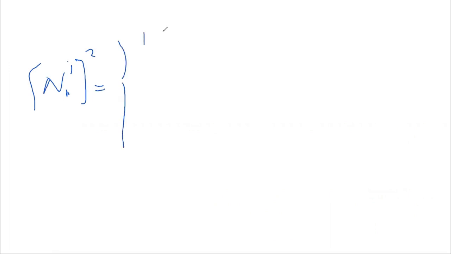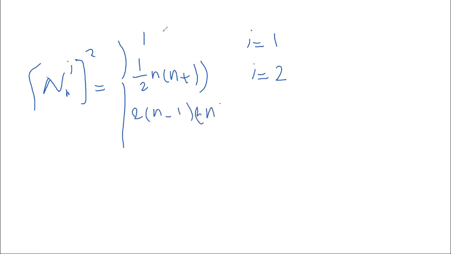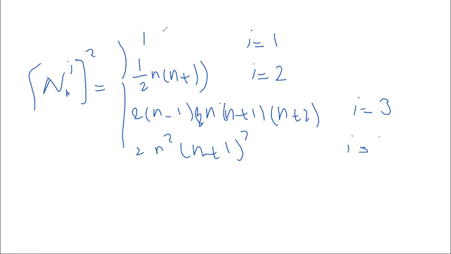It could be 1 when i is 1. 1 over 2n plus 1 when i equals 2. 2 minus n multiplied by n plus 1 n plus 2 when i equals 3. 2 into n plus 1 when i is 4. 1 over 2n plus 1 when i is 5.